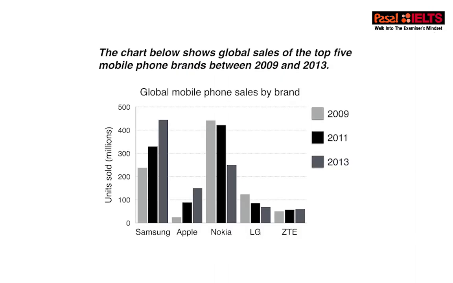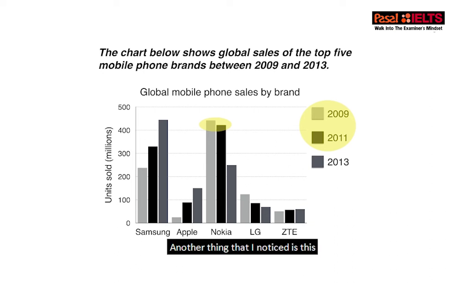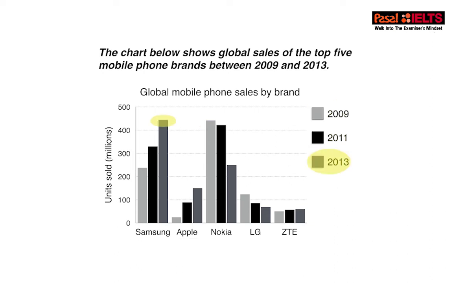Here's the chart again. The first thing that I notice is this. In 2009 and 2011, Nokia definitely had the highest numbers of sales. Another thing that I notice is this. In 2013, Samsung becomes the most popular.